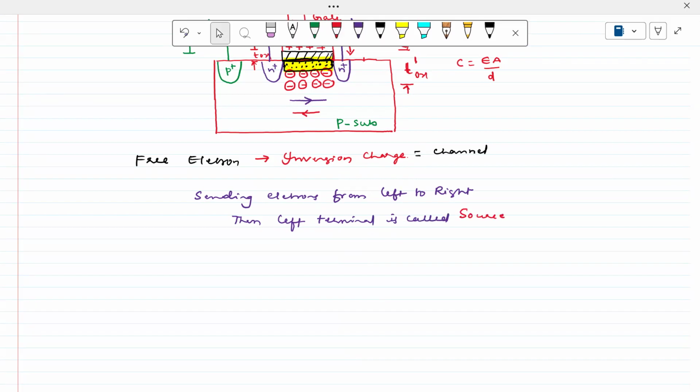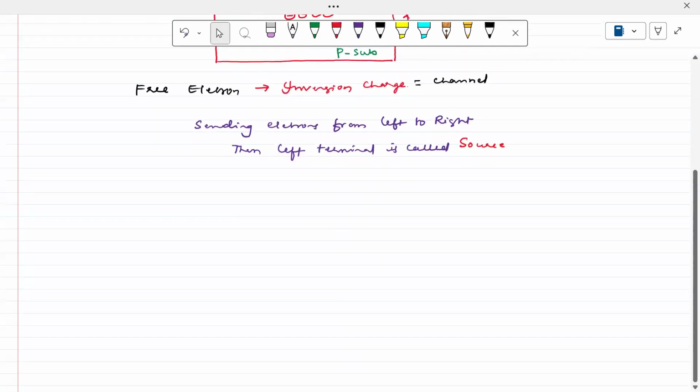So the source terminal, that means it's sourcing the electrons to the center. And the right terminal is called the drain.